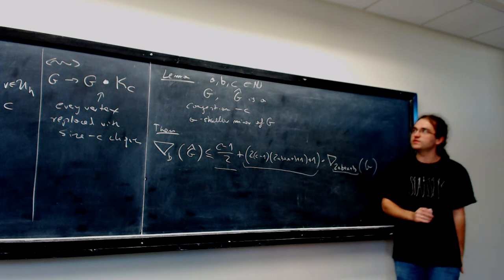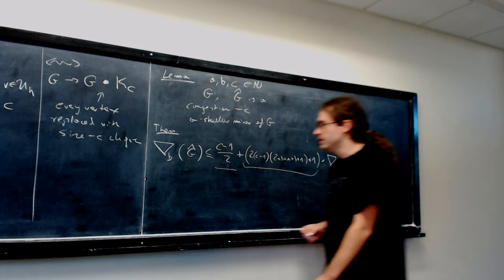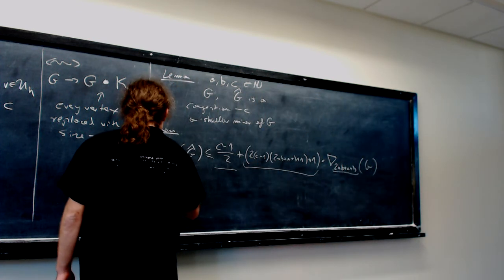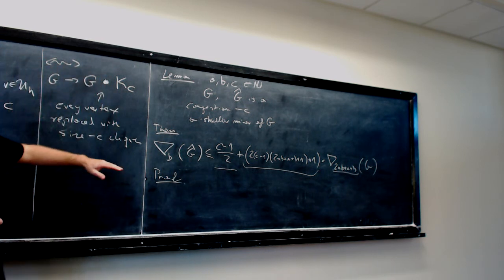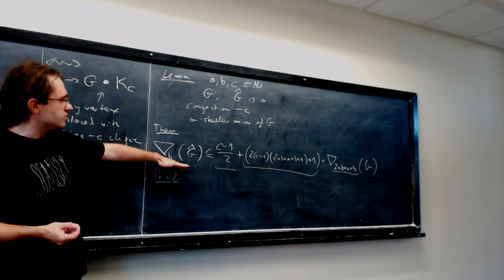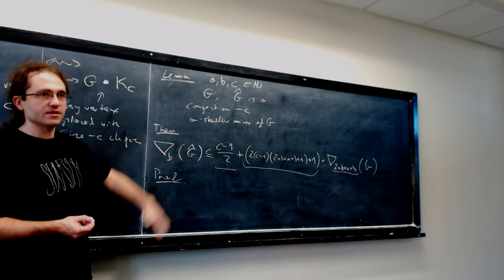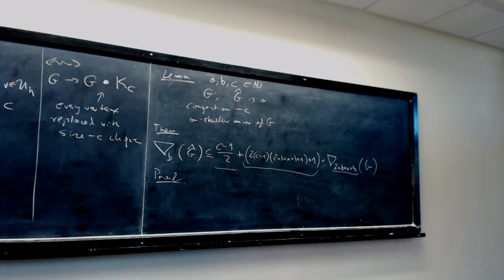So let's try to prove this lemma. This formula is quite huge, but I hope we'll be able to do it. So let's go with the proof. We want to bound the density of such things, so the natural thing is to take a B shallow minor of G hat.